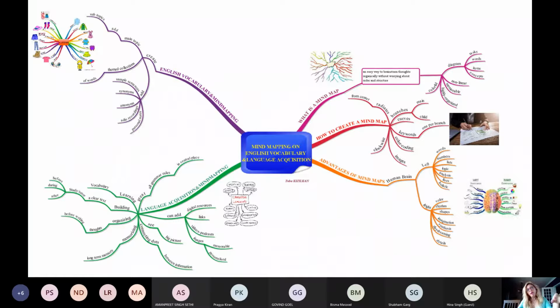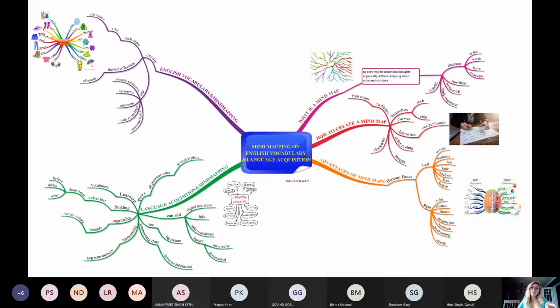So how can you create a mind map? First, you should start with a central idea, just like my mind map. And it will radiate from main branches into child branches. And it includes some curves, not straight lines, but curves, because the brain likes curves.